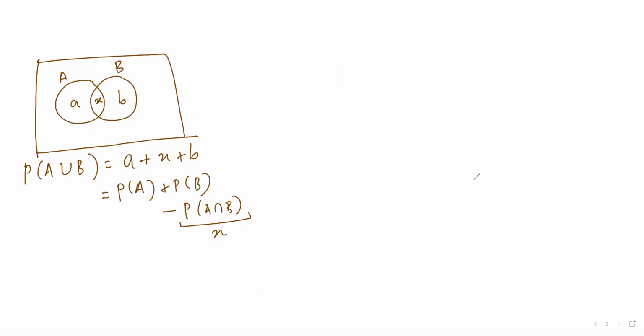Let's say this is an example where there are 30 people who drink tea, 40 people who drink coffee, and 20 people who drink Milo. Okay.